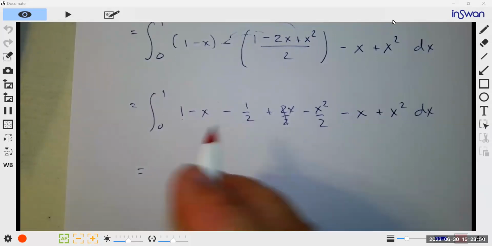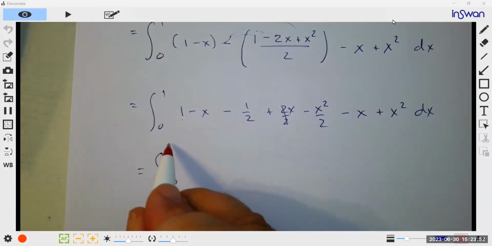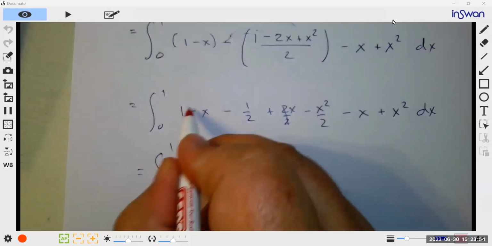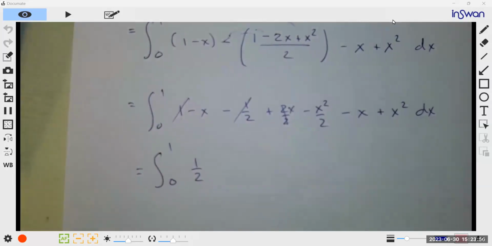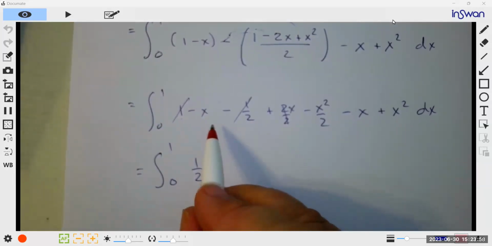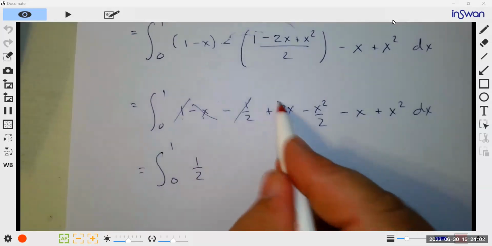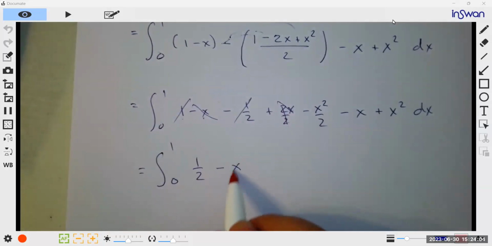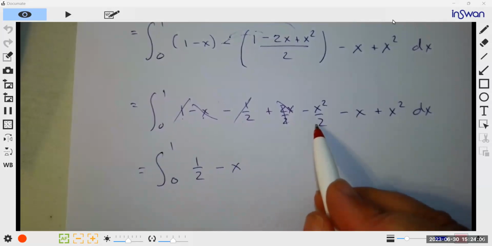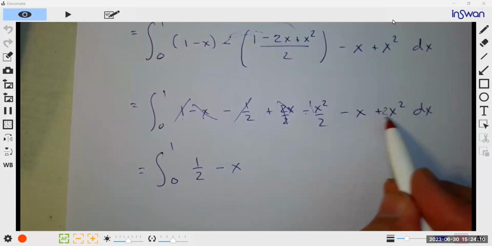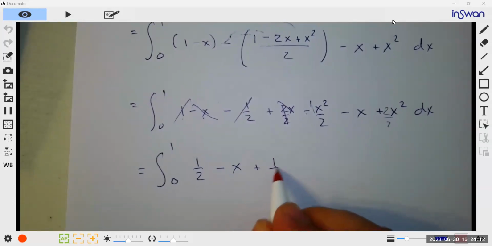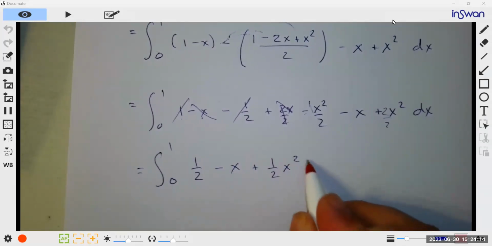So we have 1 minus 1/2 is 1/2. The x and x cancel, so we have minus x, negative 1/2, so it makes a positive 1/2 x squared.